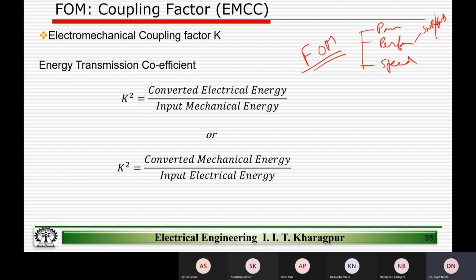For a sensor, for example, or the piezoelectric material, we define K square as a figure of merit, and this makes sense because for a piezoelectric material, whatever input energy we are giving, be it in the mechanical domain or the electrical domain, how well it converts that energy from one domain to the other tells us how good the material is, right?